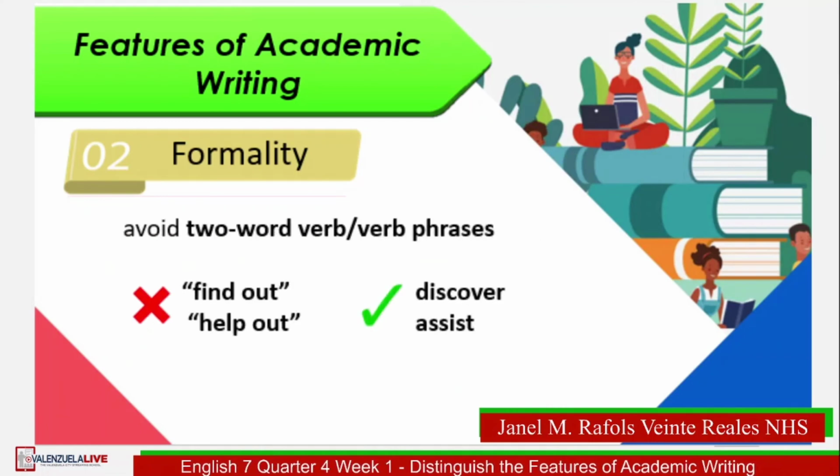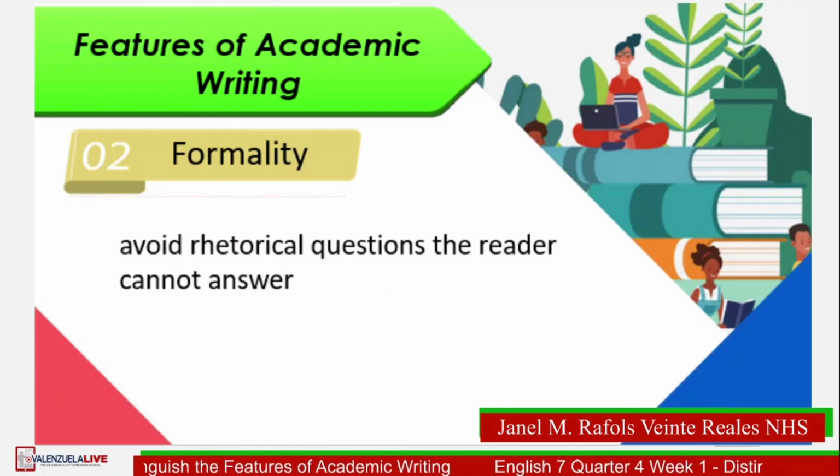Third, we also need to avoid two-word verbs or verb phrases, such as find out. We can actually use discover. Another example is help out. Instead of that, we can use assist. And for our fourth, avoid rhetorical questions that the reader cannot answer.